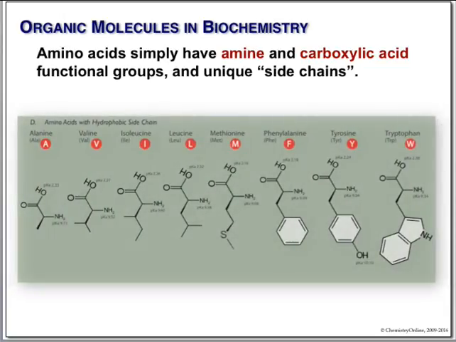And these guys are not water soluble. So here we have a methyl group. Here we have a branched side chain, a longer side chain, another branched, a benzene ring. These guys are all water insoluble. The solubility characteristics of the amino acid side chain are what make proteins adopt their shape.